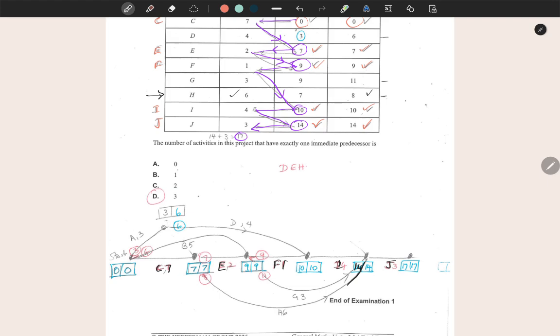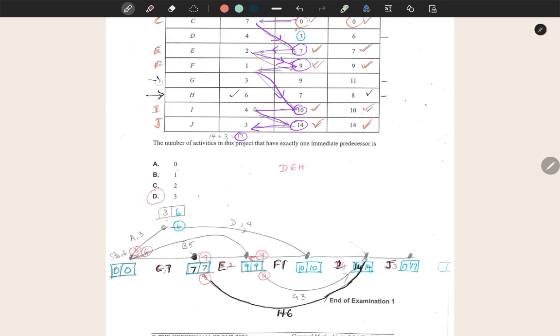But what is the earliest start time of activity H? It's 7 days. So we take it back to this point where we see the box which says earliest starting time is 7, and that's activity H with a duration of 6.